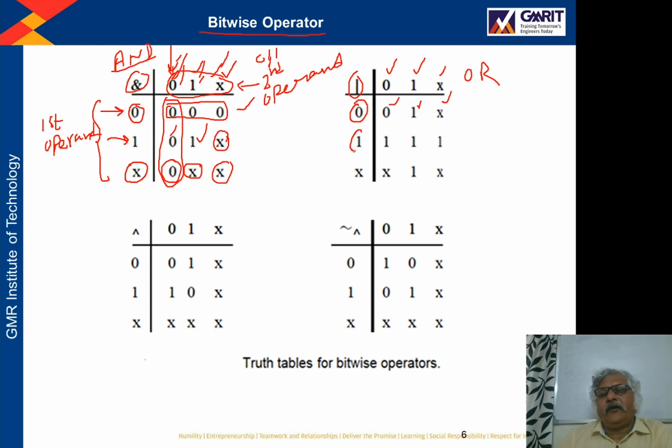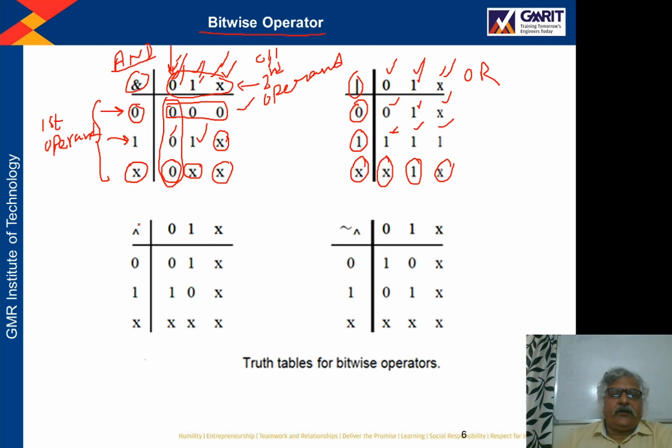Now if one input is 1, then whatever the value of the other input may be, the output will be 1. If one input is don't care and another input is 0, you will get don't care output. If the second operand is 1, you will get 1, and if the other operand is don't care, you will get don't care, right?